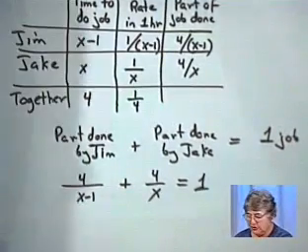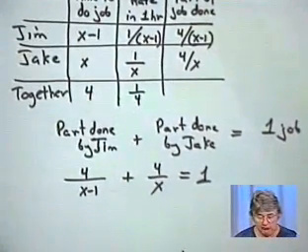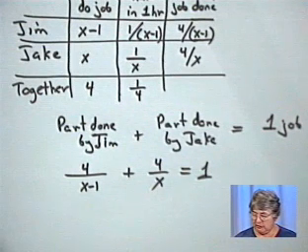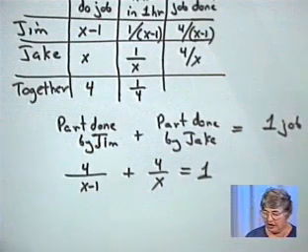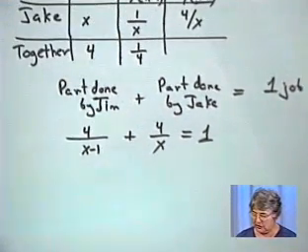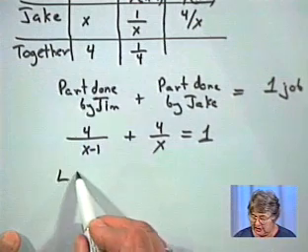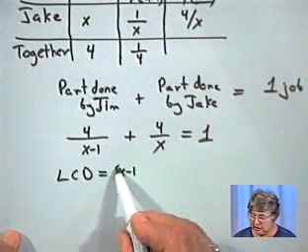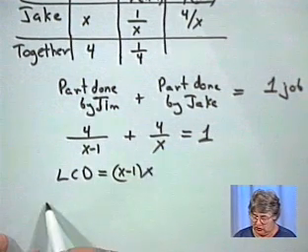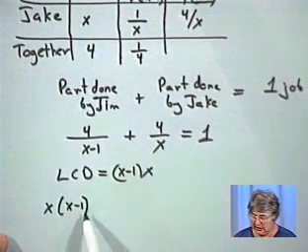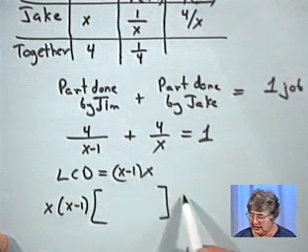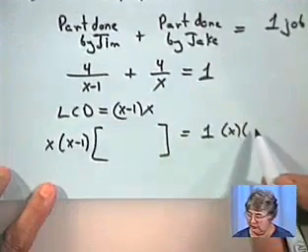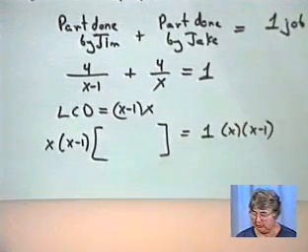Now, it's an equation involving rational expressions. To solve such an equation, because it has denominators, remember that we're going to be using the lowest common denominator and eliminating denominators. So the lowest common denominator in this case, since we don't have anything to factor, is just going to be X minus 1 times X. We're going to use X times X minus 1 to multiply the left-hand side, and we'll do the same thing for the right-hand side. So that's just a little bit of review of what you did in an earlier chapter.